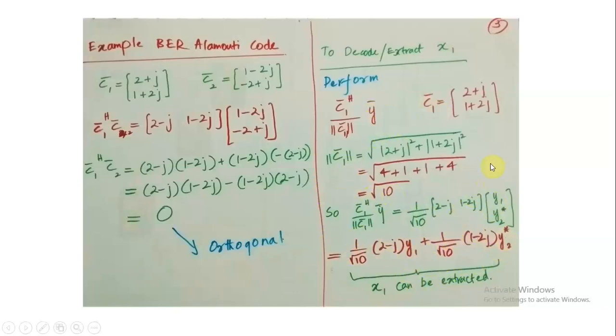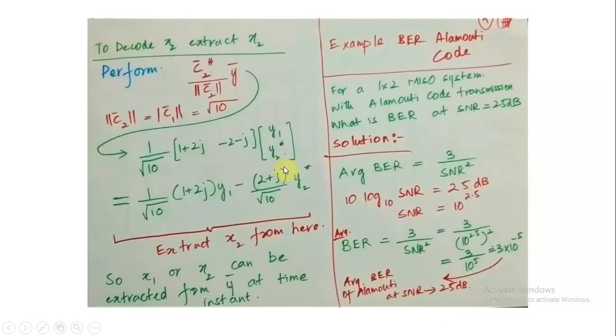At 2 time instants you can receive the signal measured at the antenna, and by this linear combination you can extract x1. Similarly, to extract x2, you can perform this operation and extract x2 from the linear combination. So x1 or x2 can be extracted from y.